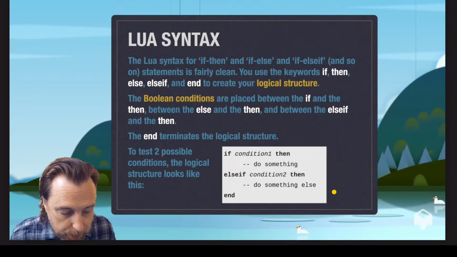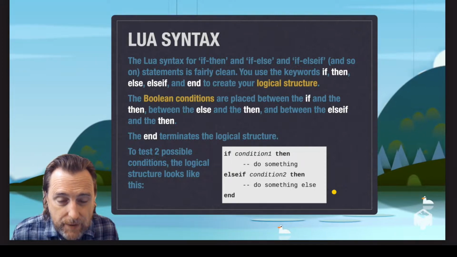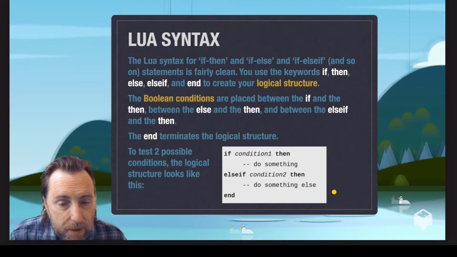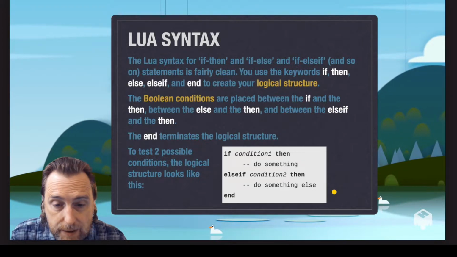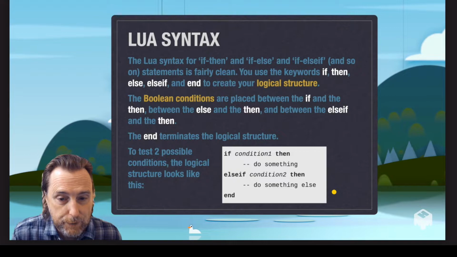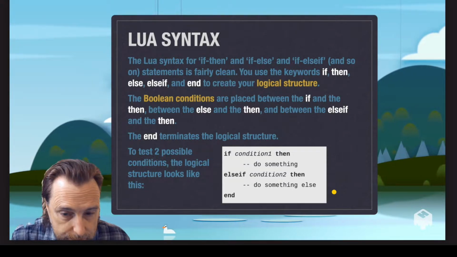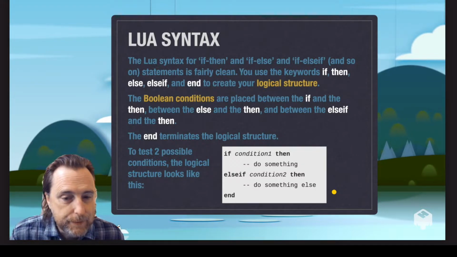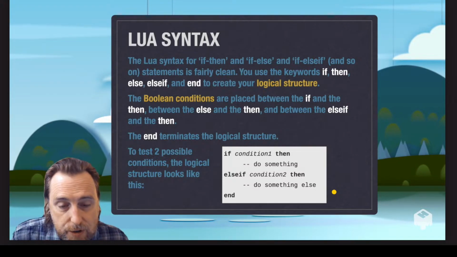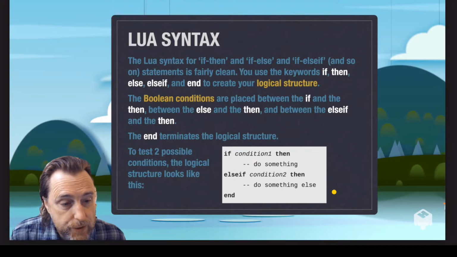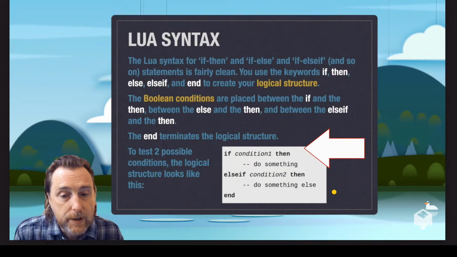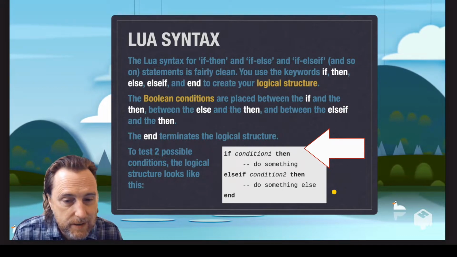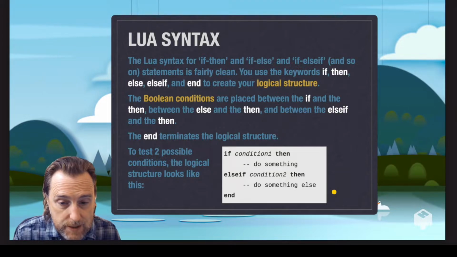If it were possible that both were true, then this would not be the right logical statement to use, because as soon as a true condition is found in an if statement and the code executed for it, then the if statement is done. So for instance, if condition 1 was true in this type of logical statement, then condition 2 would never be tested. If condition 1 was true, then the code associated with condition 1, the do something, would be executed, and then you would end the if statement. So condition 2 would never be tested.